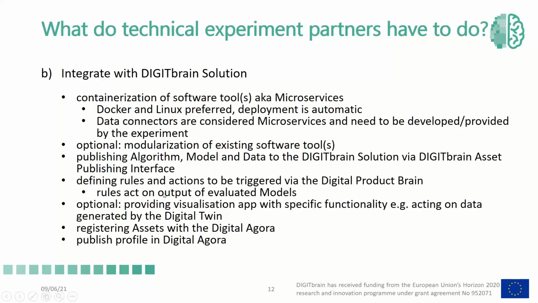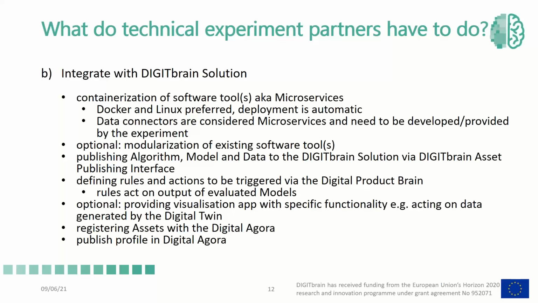And you may want to define rules when certain actions are triggered. For instance, you would like to see a message if a sensor shows a temperature higher than 80 degrees, because then there may be something wrong with the manufacturing machine.